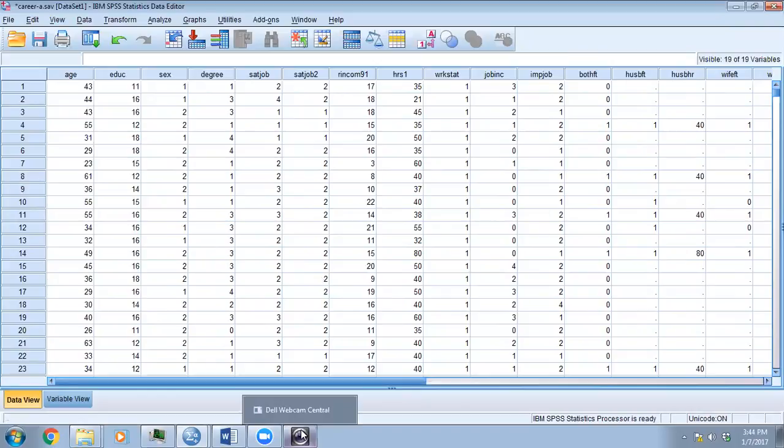When you do the missing value analysis, you have to do it two ways. One is the case wise, where if any case has a missing value, that case will be ignored. So we do complete case analysis, where a case has all the values for all the variables. We need to see how many cases have some missing value.